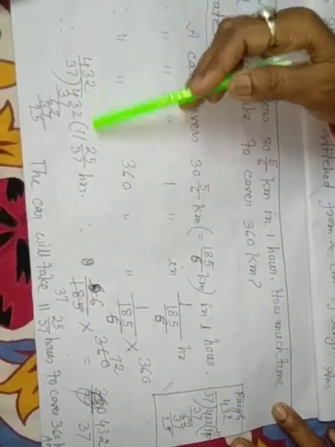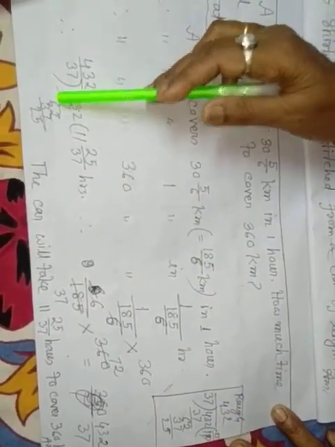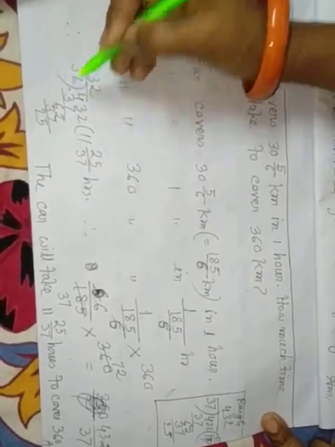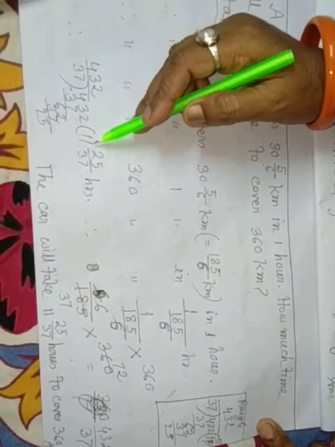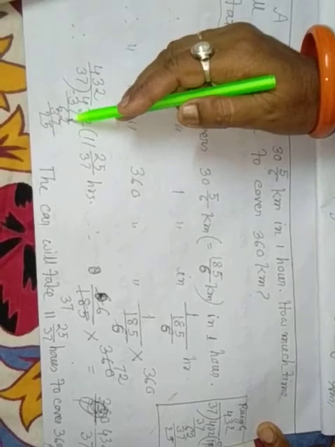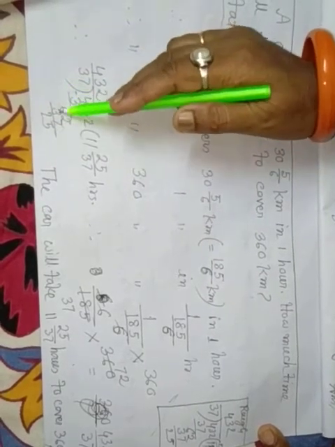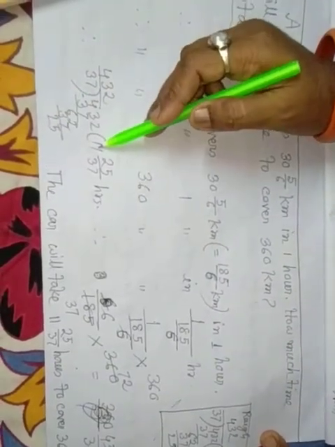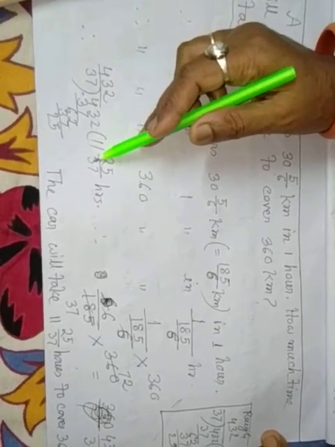Dividing 432 by 37, we get 11 and 25 by 37 hours.